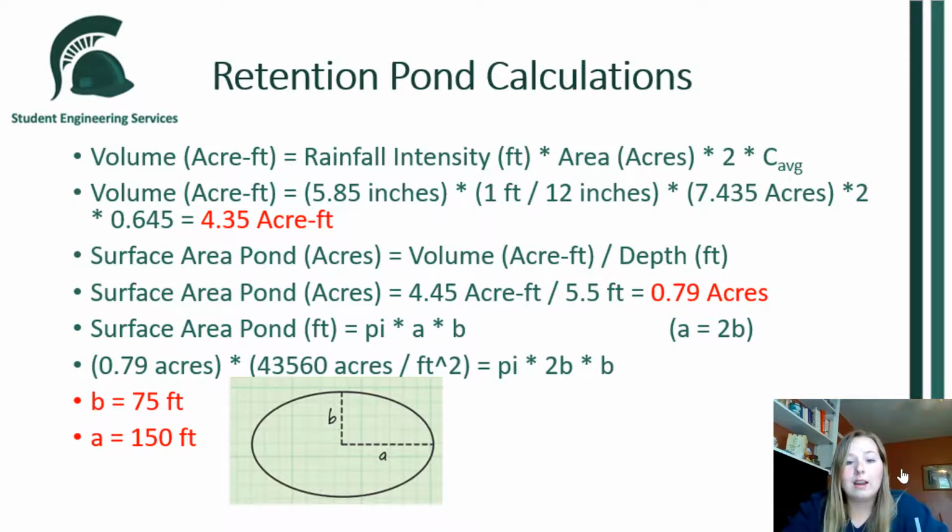And then the desired depth of this retention pond is going to be 5.5 feet, so we can divide the volume by that to get the surface area in acres. And then we can solve for the dimensions A and B, and that gives us a 150 by 75-foot ellipse.